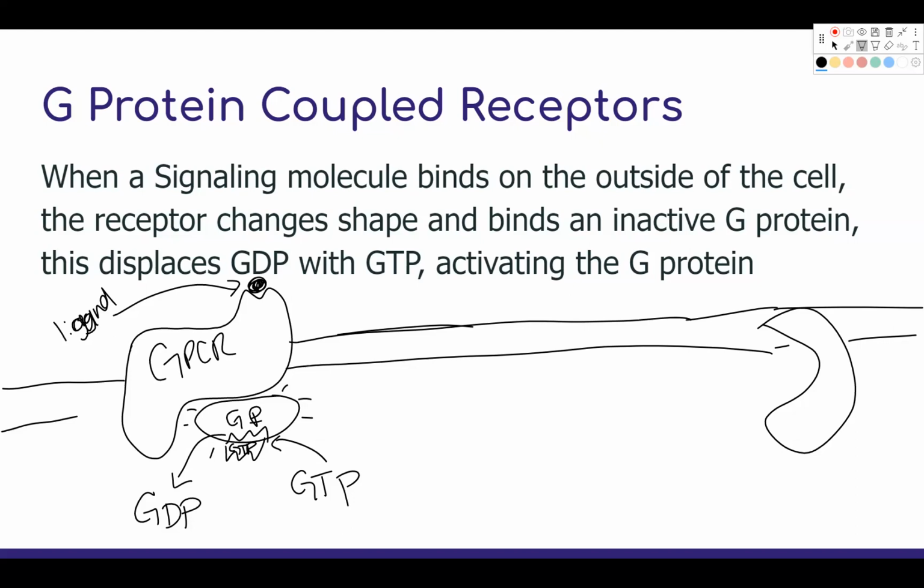Doing okay so far? All right. So we now have an active G protein.